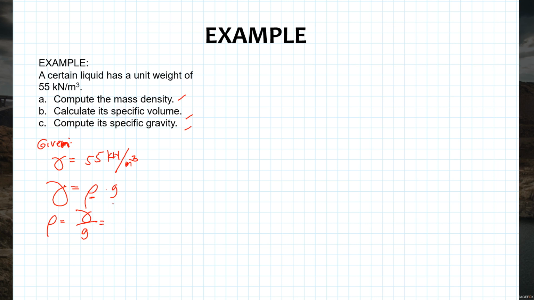But our unit for the unit weight should be in newtons per cubic meter. So again, we convert it. 1 kilonewton is 1000 newtons, that's your conversion factor. So we have 55,000 newtons per cubic meter. That's your unit weight. So 55,000 newtons per cubic meter is divided by 9.81 meter per second squared.